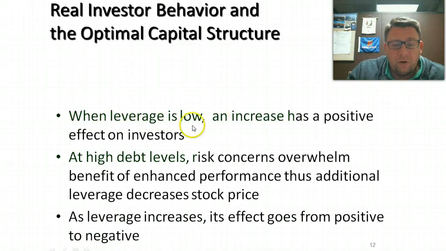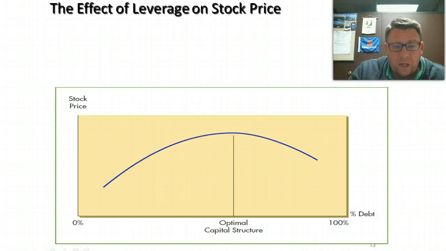Okay, so when we have low leverage, an increase has a positive effect on investors. When we have high debt levels, adding more debt puts a lot of pressure on the organization, and in fact could move the opinion from our investors from being positive to negative. I wanted to show you this graph here.